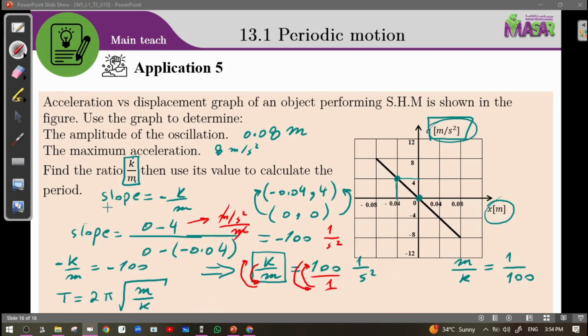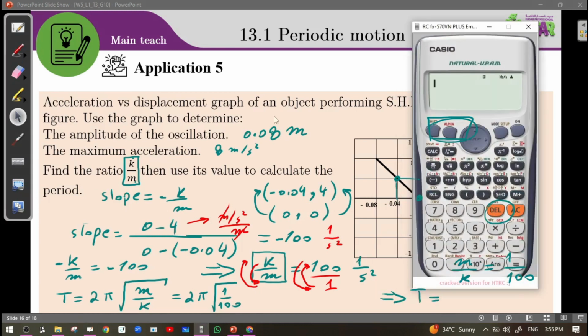So let me substitute here. 2 pi square root 1 over 100. As a result, let me calculate the period now. So 2 pi multiplied by the square root of 1 over 100, and the answer is 1 over 5 pi.